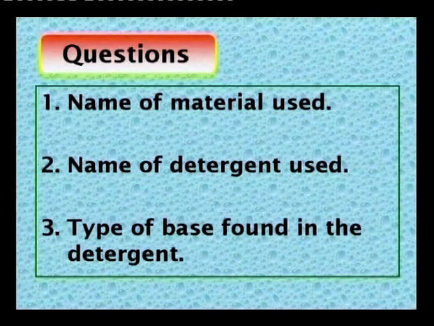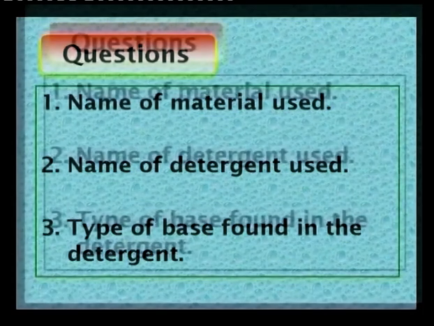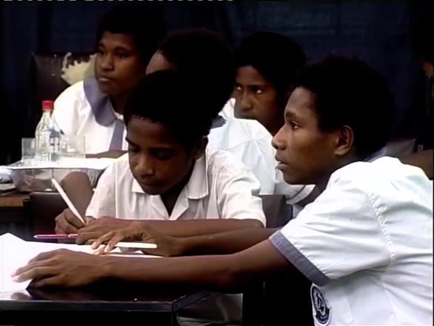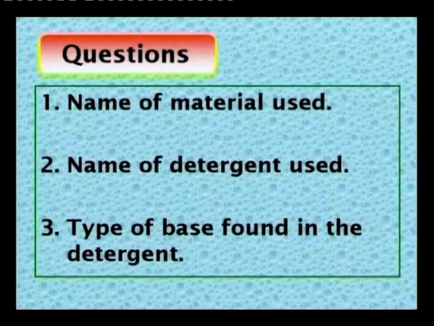Okay. Let's hear from a student in the class. Rachel, you tell us the kind of materials that they have used and the name of the detergent that they have used on those different materials. Omo, bleach, and clothes. Right?